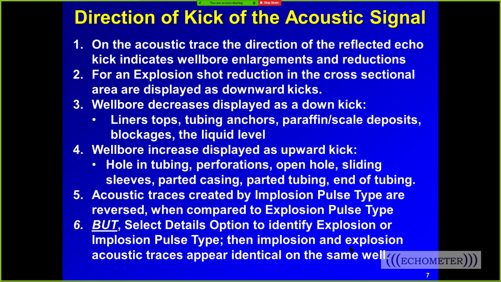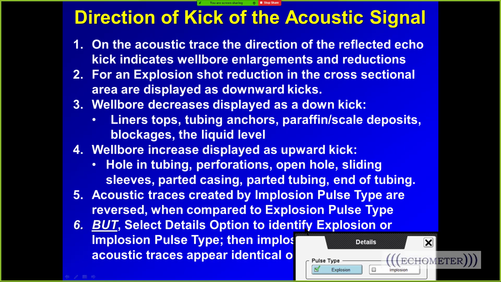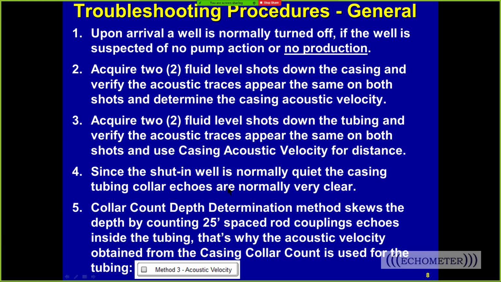You can't really tell that the shot was implosion or explosion because the direction of kicks are the same, because the implosion shot, when you identify the type of shot, is flipped over 180 degrees, so that a down kick is still a decrease in cross section, an up kick is still an increase in the cross sectional area of the wellbore. And that's just showing the details. If you were to select type of pulse, you could pick either implosion or explosion when you acquire the data.